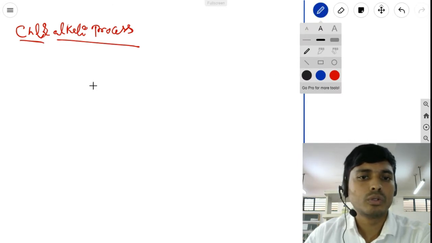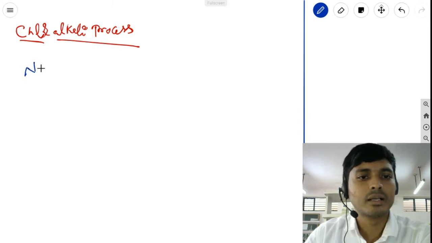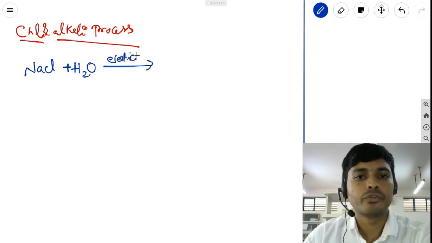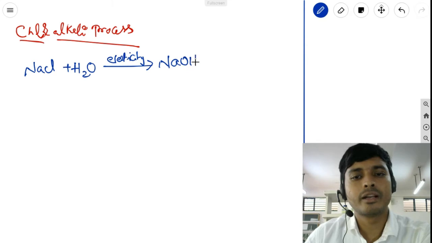when you pass electricity through the brine solution, which is nothing but sodium chloride dissolved in water, this mixture is called the brine solution. If we pass the electricity, we will get different products like sodium hydroxide, which is also called the alkali.